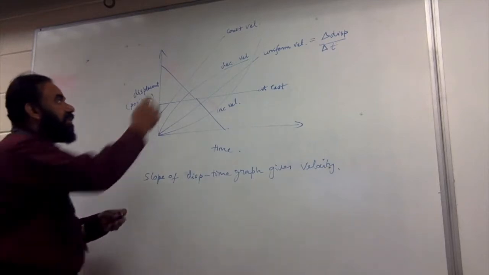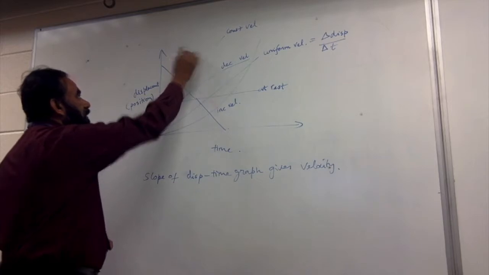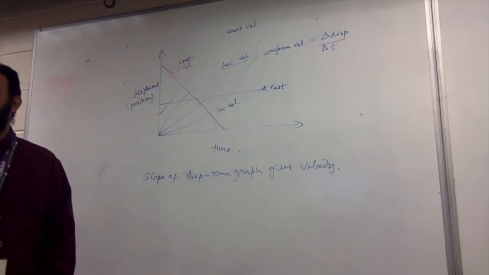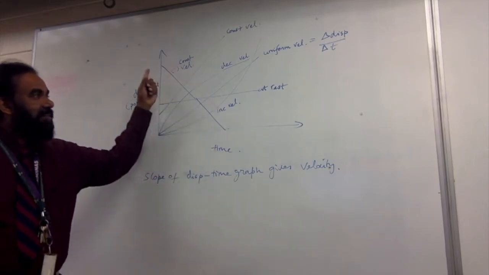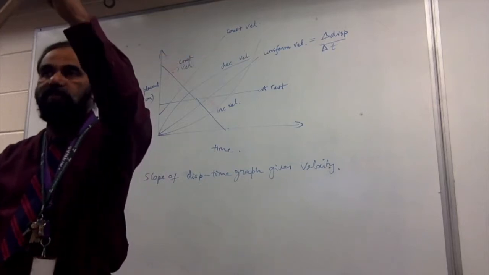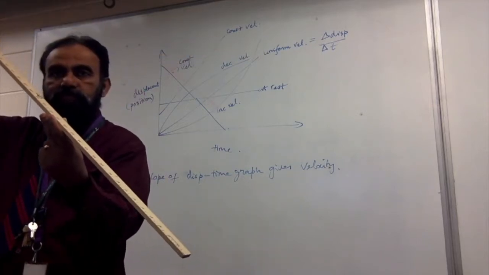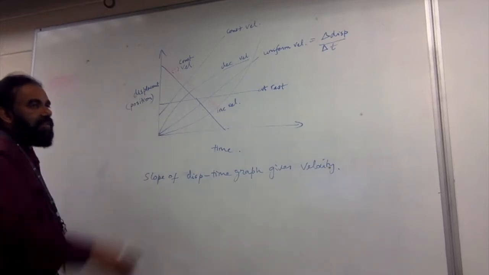So this is negative velocity, constant negative velocity. Why do you say that? Because it is a constant slope and it is a downward slope. So any line like this: zero slope, positive slope, negative slope. You're familiar with those things. So that's a negative slope.